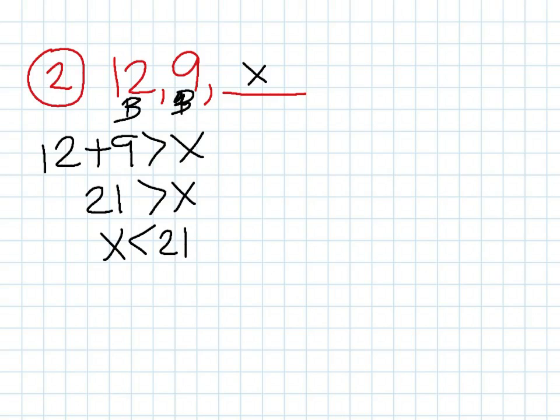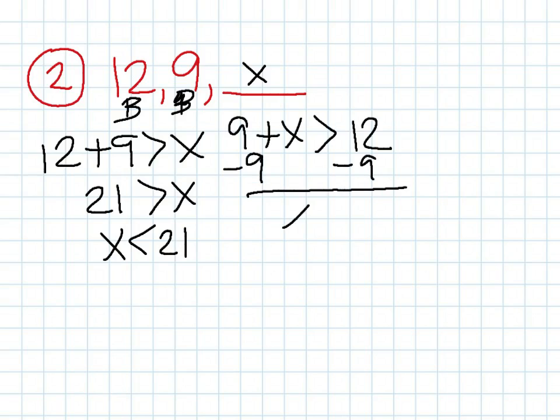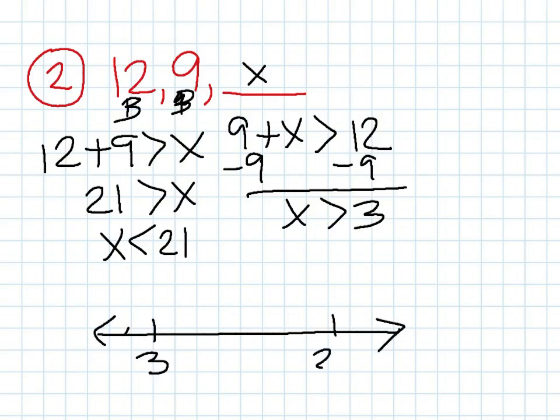If 12 is the biggest side, I'm going to put 12 at the end, and I'm going to go 9 plus x here. So I'll subtract 9 from both sides and get x is greater than 3. So my options here, put a 3 here, 21 over here, is that my range of values for that third side have to be between 3 and 21.